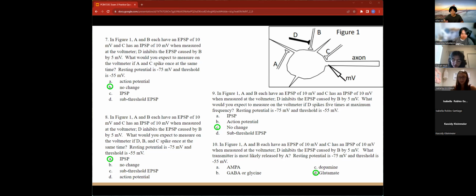Dopamine can be excitatory, but most of these synapses use amino acid transmitters, and glutamate is a common neurotransmitter for excitatory potentials. That's why D is the right answer, because it's the most common excitatory neurotransmitter, and A is excitatory.